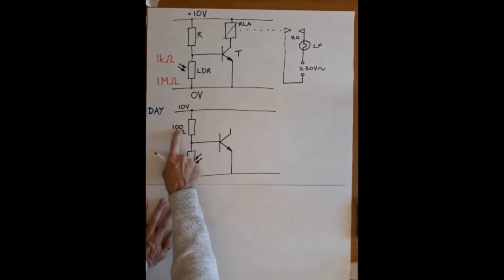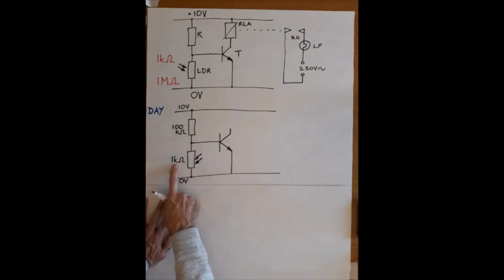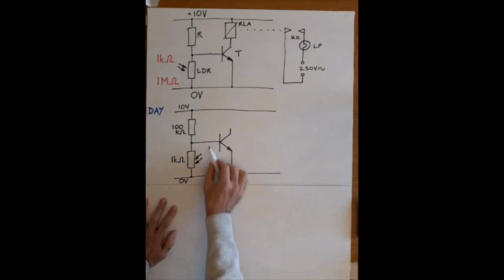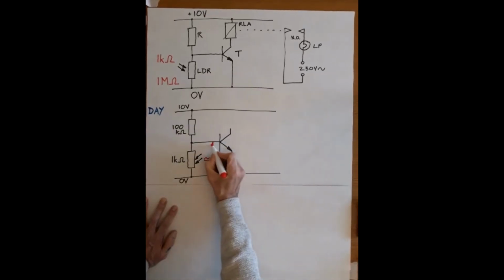I would have had to make this 99 and this 1K to make that 100th, but that doesn't matter. The numbers are so big, 100,000 and 1,000, 100K, 1K. This is going to give us here a very small voltage. So 0.1 volts. With 0.1 volts here, this transistor is off. So that is approximately equal to 0.1 volts across there.